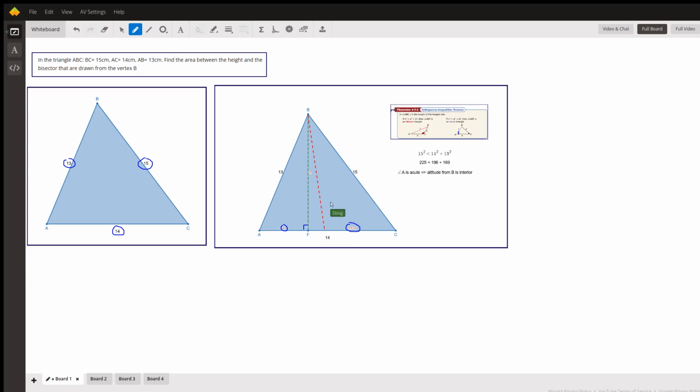And so we want to find the area of the triangle BFG. If I put a G here, that's what I'm trying to find. Okay. So what we have to do is find some segment lengths here.